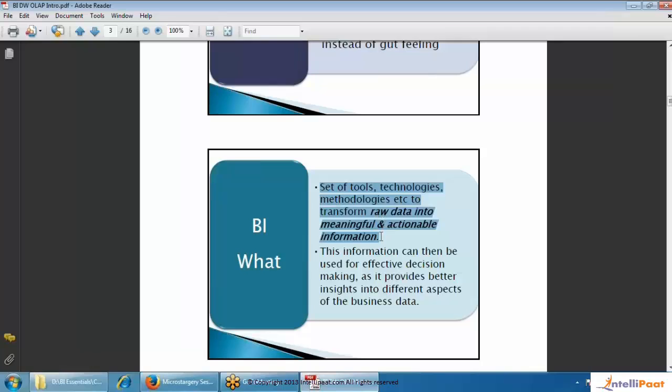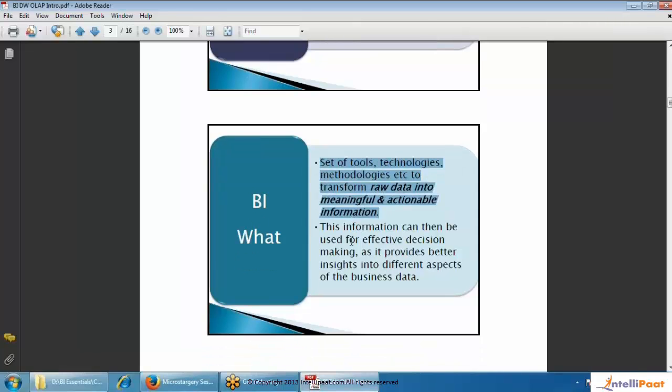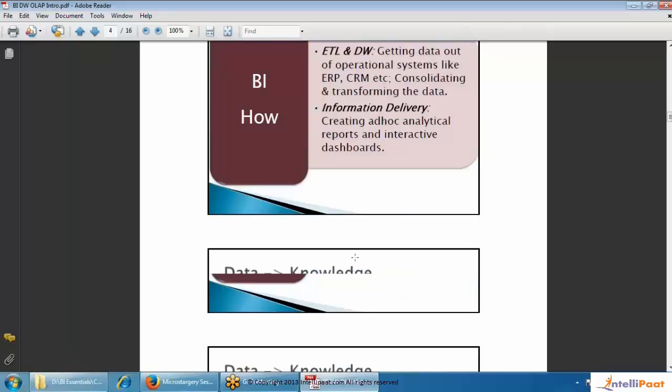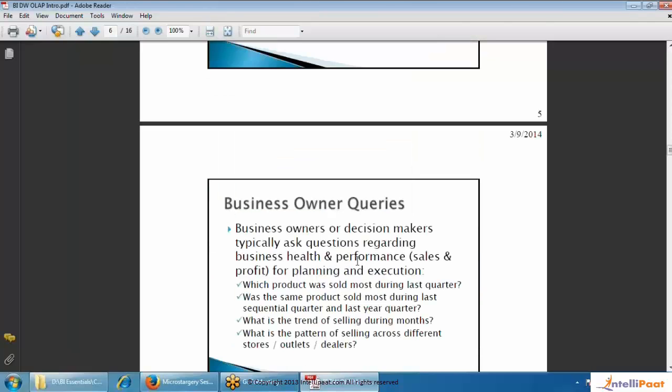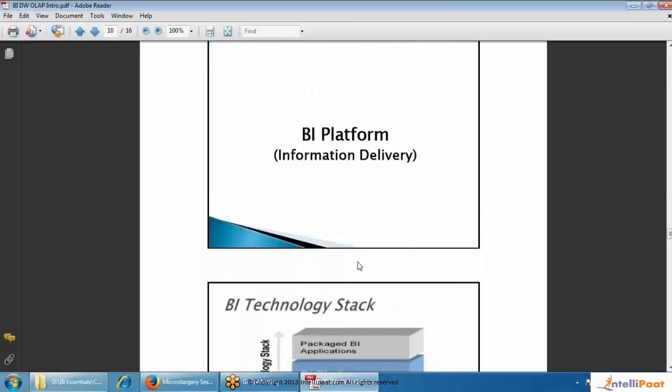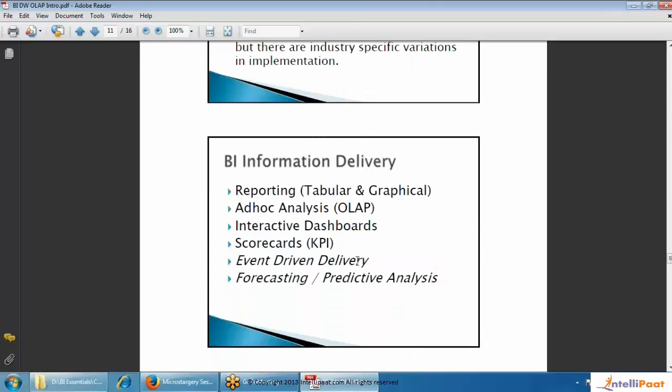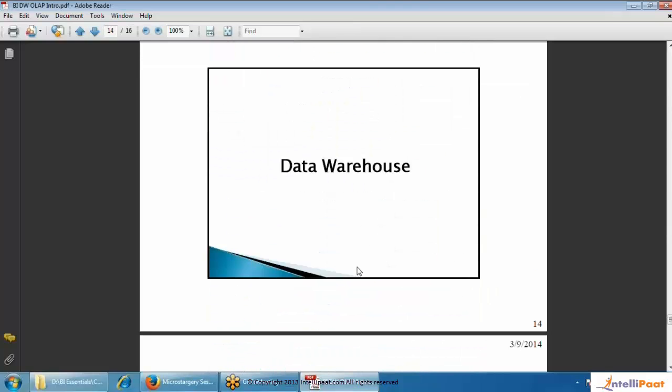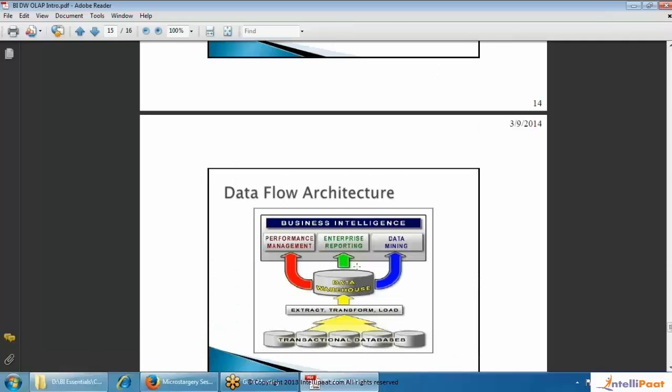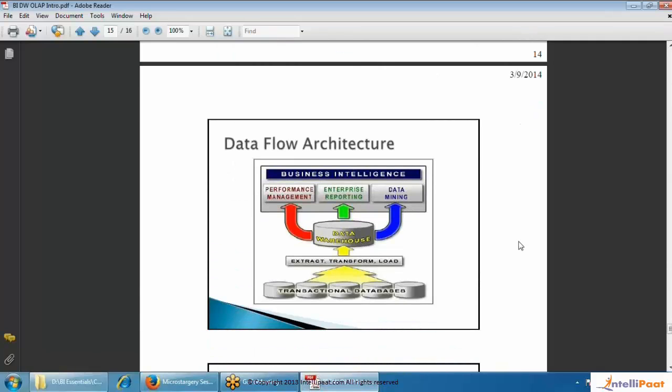So now, just looking at this, this is the other slide, and then we'll come back to these. You have probably seen this particular thing, the data flow architecture of a typical BI or data warehouse.